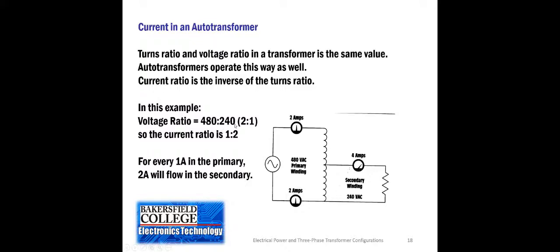So that is a 2-to-1 turns ratio. The current ratio is the inverse of that, the opposite: 1-to-2. So the 2 amps in the secondary multiplied by 2 gives us 4 amps. Or we could say for every 1 amp that flows in the primary, 2 amps will flow in the secondary.